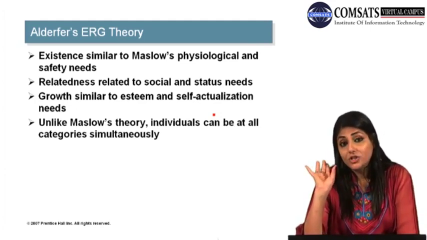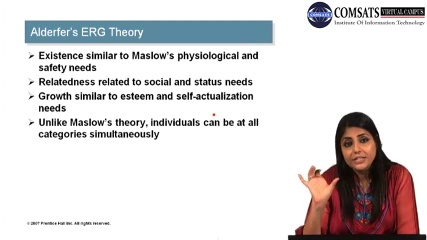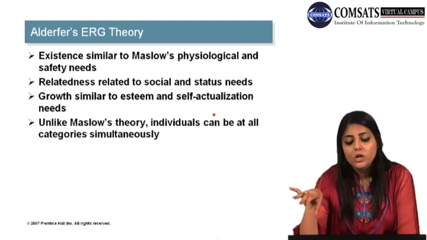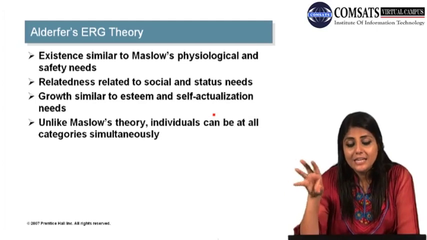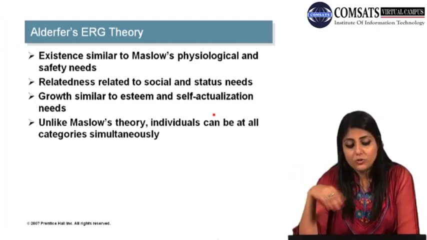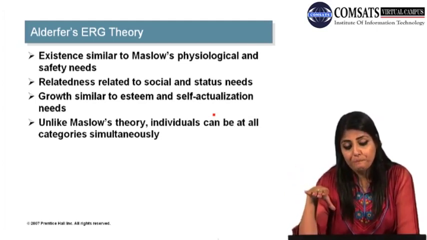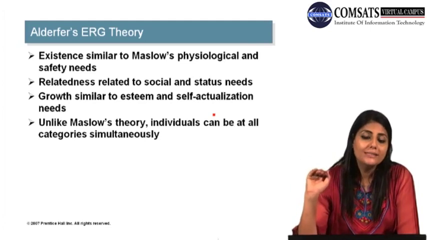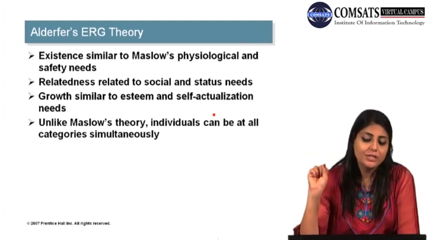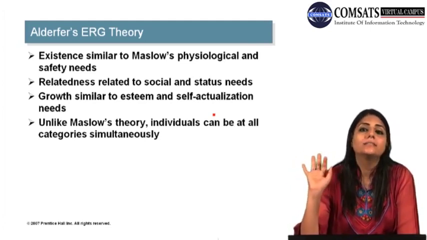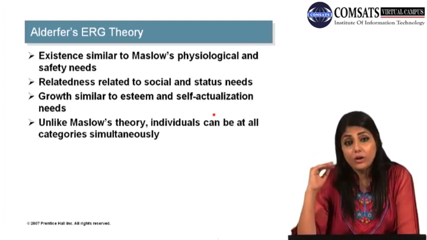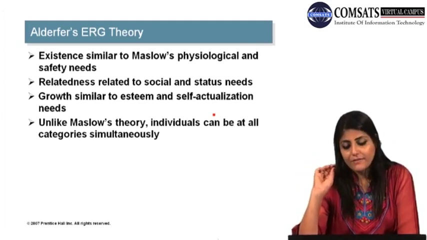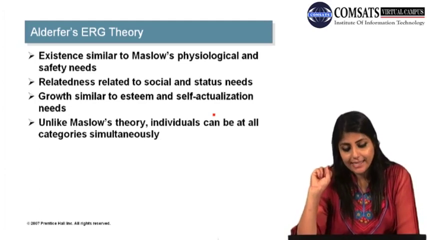Then the relatedness needs are similar to the social and status needs that were given by Maslow at the third level, right? And the growth needs are similar to the esteem and self-actualization needs that were at the highest levels in the pyramid, which are the higher order needs as given by Maslow in his hierarchy theory.